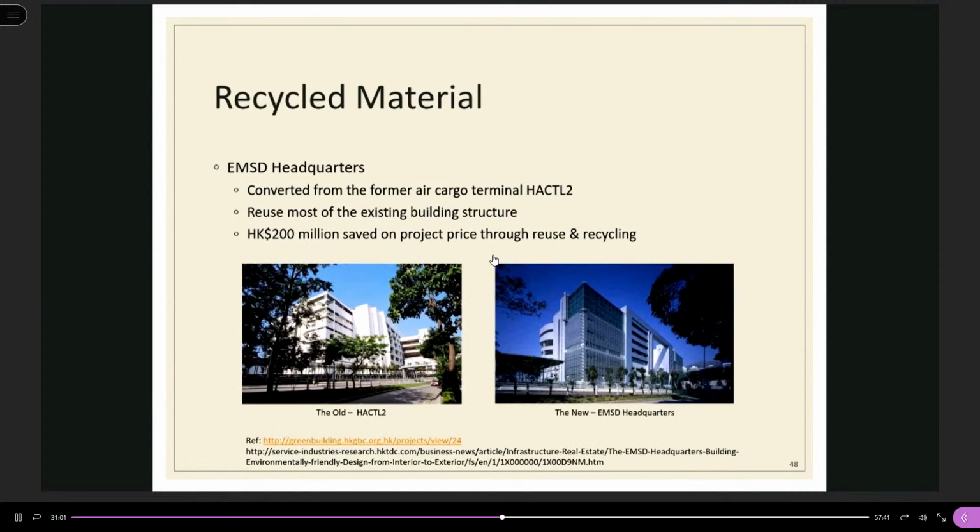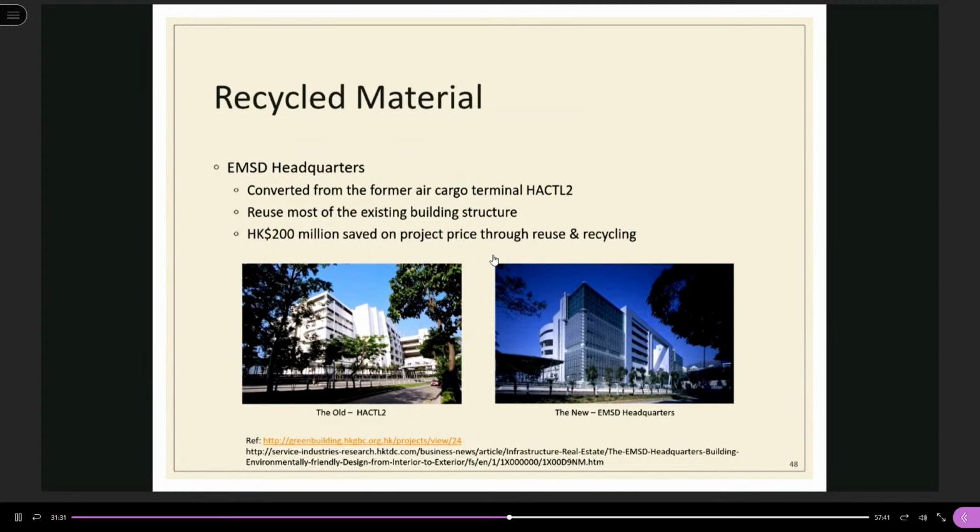The EMSD headquarters is another example. The EMSD headquarters was converted from the former air cargo terminal, Hangar number 2, and it reused most of the existing building material. Originally it was an air cargo terminal building, but they didn't demolish the whole building.